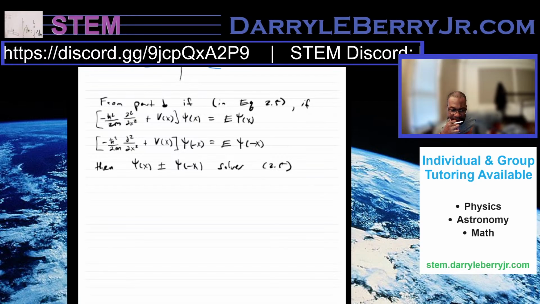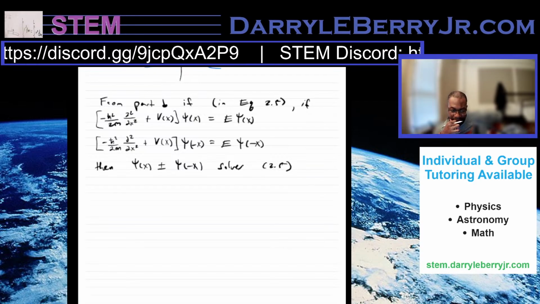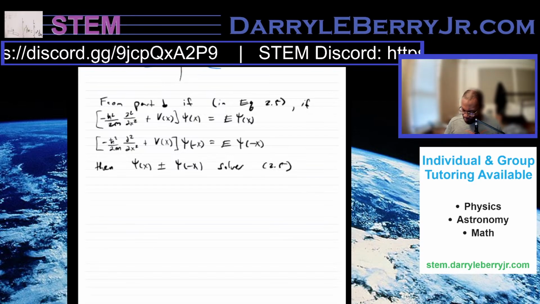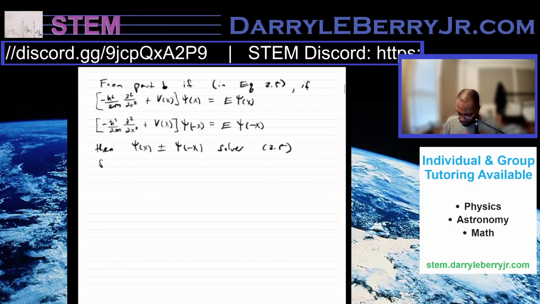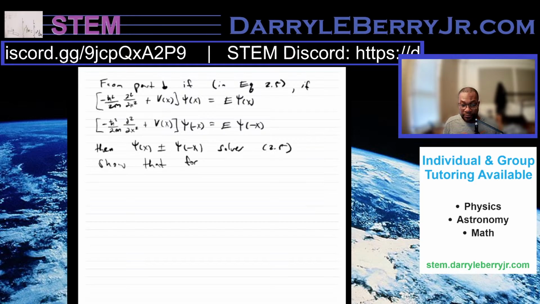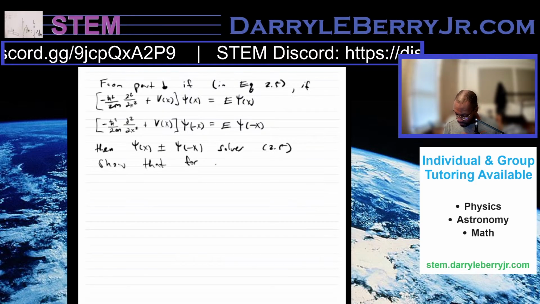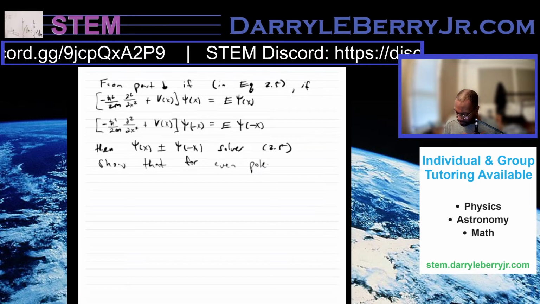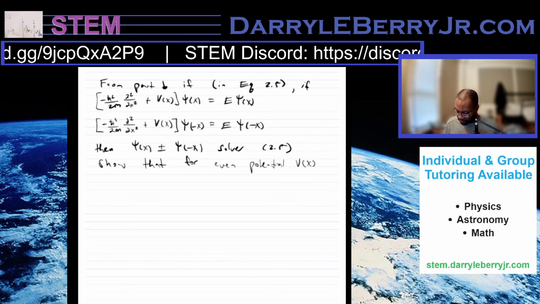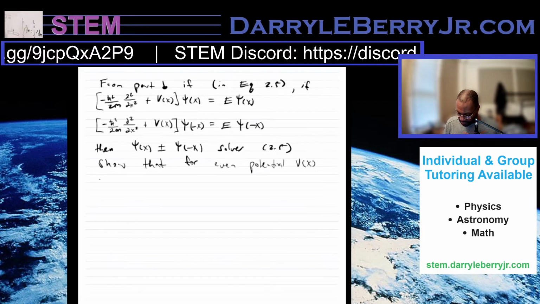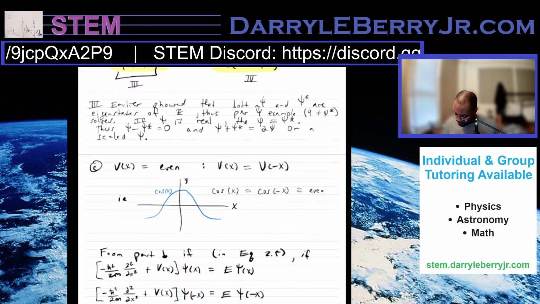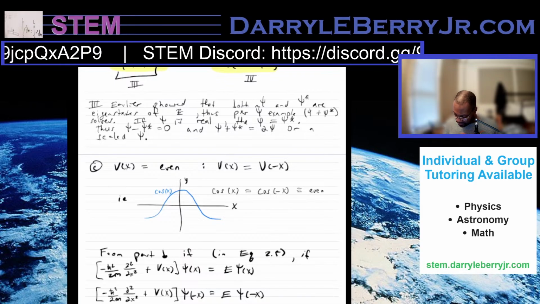So what they want us to do is show that for an even potential V of x, which again means, as we got earlier, that V of x equals V of negative x, just like cosine.